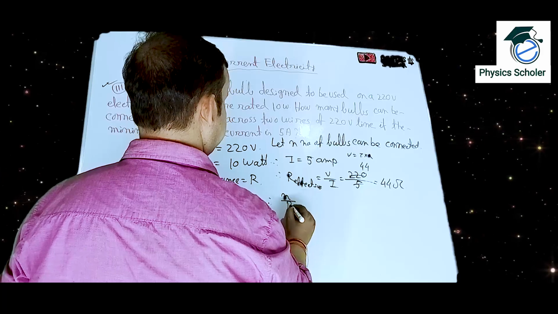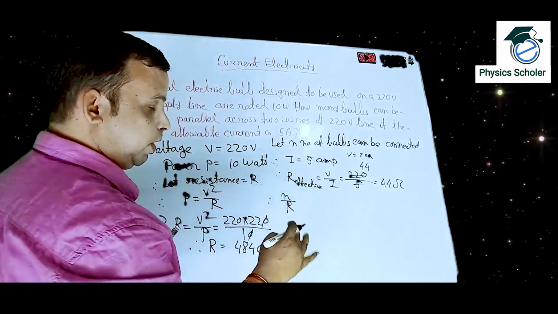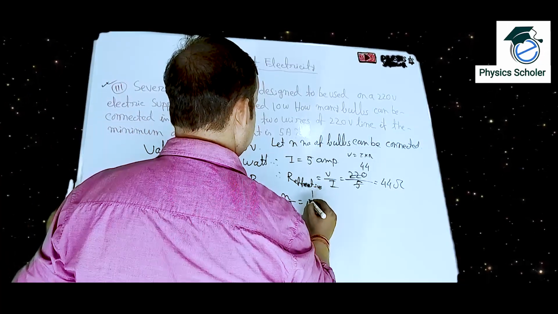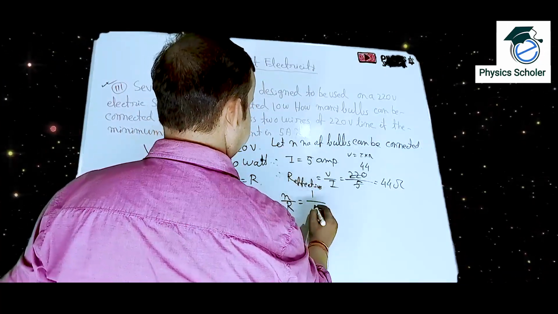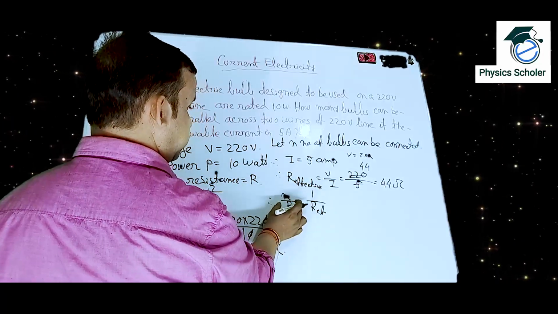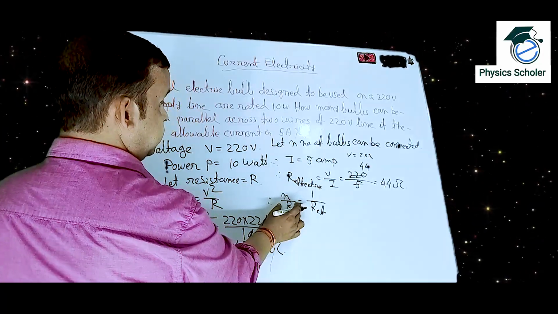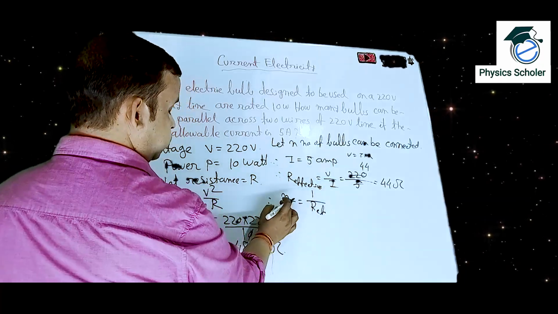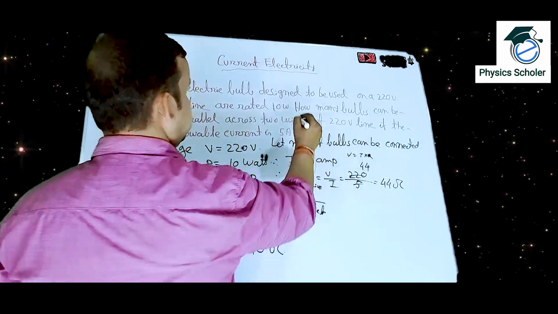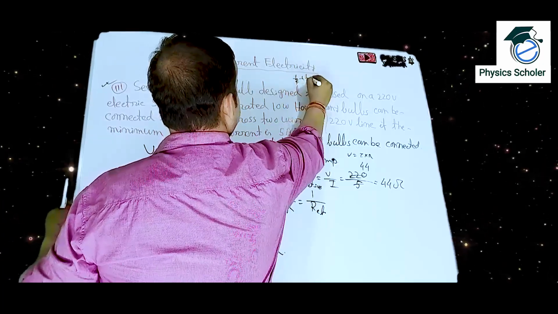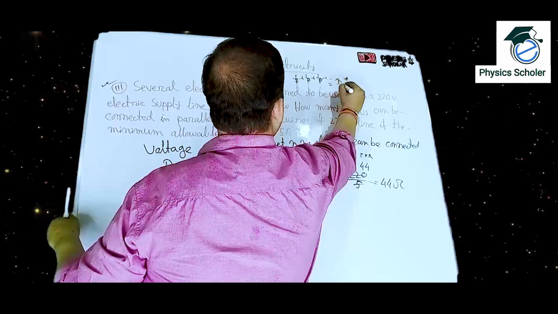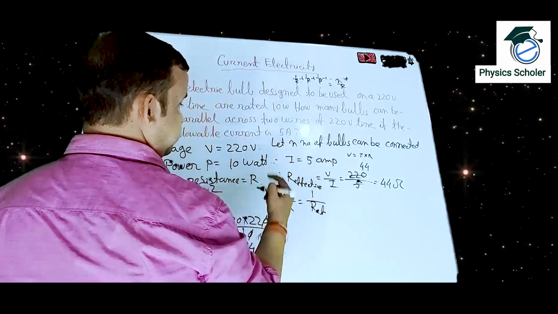So what will be the equivalent resistance? The reciprocal of the equivalent resistance is equal to the sum of the reciprocals of all the resistances. Here resistances means the bulbs. So for n number of bulbs, total 1 by R plus 1 by R plus 1 by R plus dot dot dot up to n terms. That means N by R, and this is the reciprocal of the equivalent resistance.